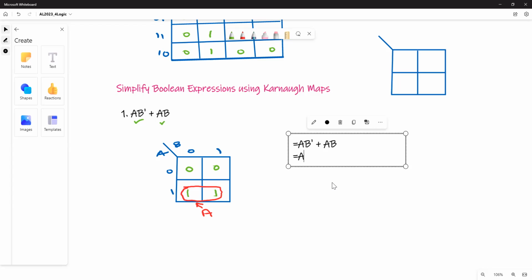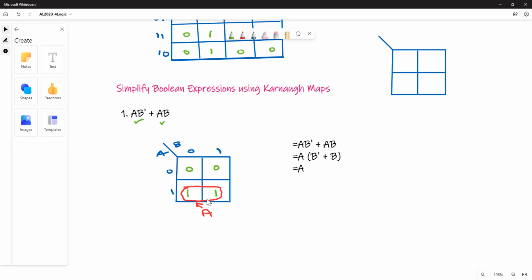We know that A is common, so we are left with B bar plus B. From the laws we know B bar plus B is, what is B bar plus B? Yeah, that is 1. So when you multiply 1 with A, you get A. That's how we got it. So even from solving, we can find out, but we'll try to identify from here.